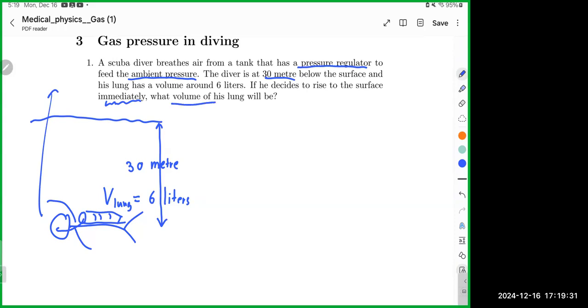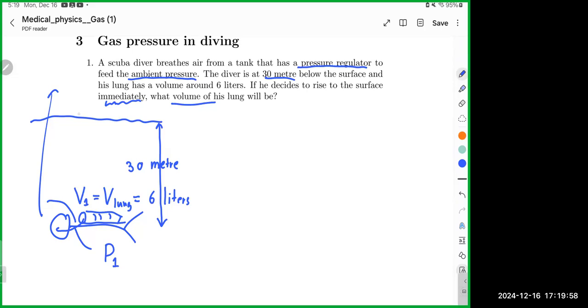What do we have here? We have volume, right? You can find the pressure here. I would call V lung V1.